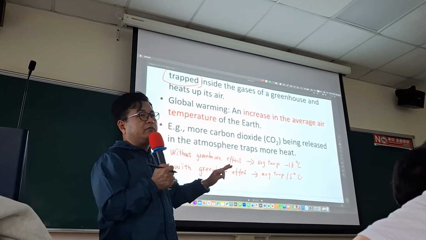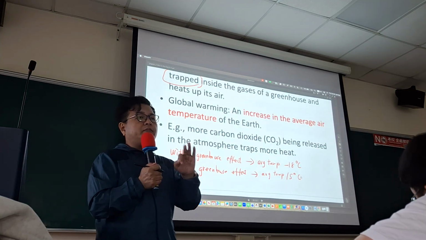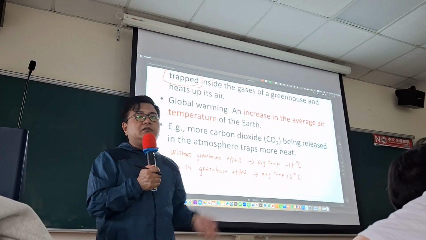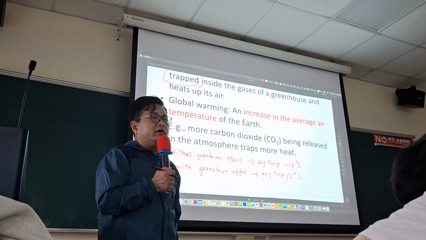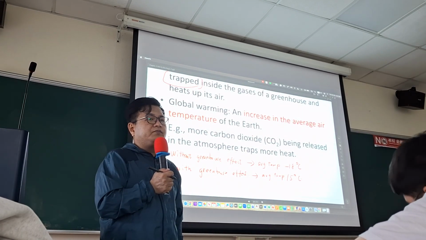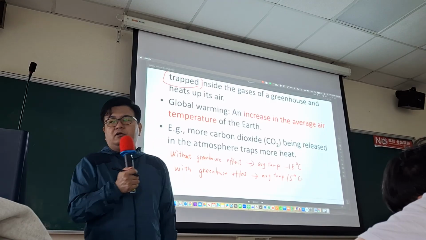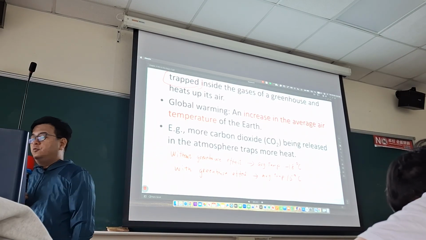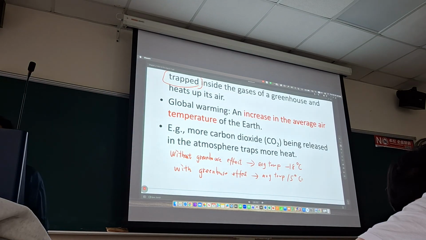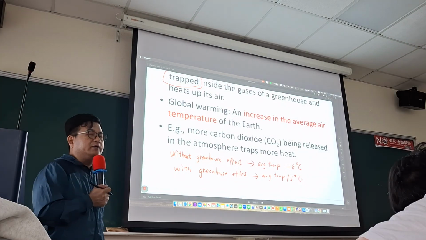Without the greenhouse effect, I think in some areas, like Canada, you cannot live there. Understand? With the greenhouse effect, the average temperature rises up to 15 degrees Celsius.